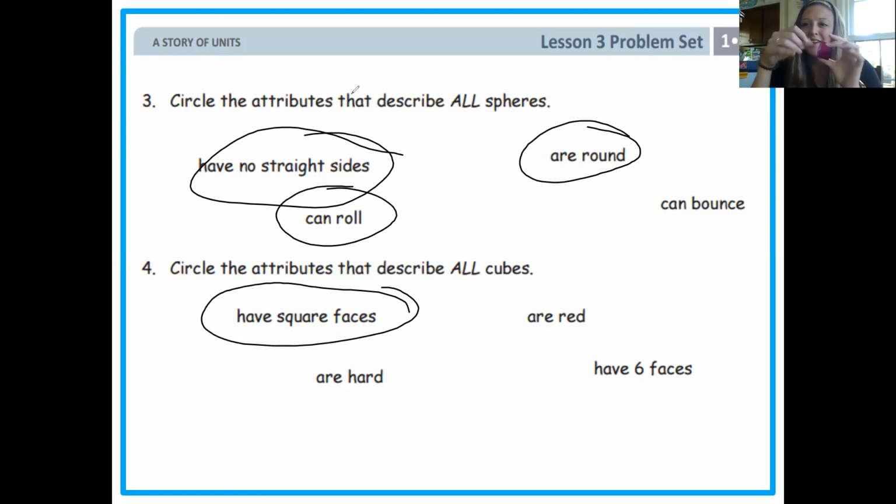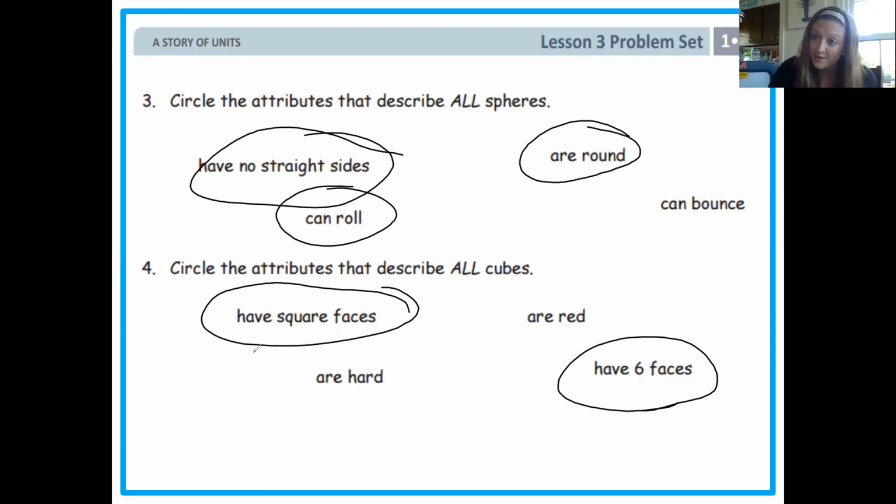They don't all have to be hard. Just because it's a solid doesn't mean it has to be hard. It could be a squishy foam square. They're red. Well, right now this isn't red, so that's not true. And I remember, oh wait, I counted, cubes have 6 square faces, so I know that this is true. Awesome. So this is all of my attributes for cubes.